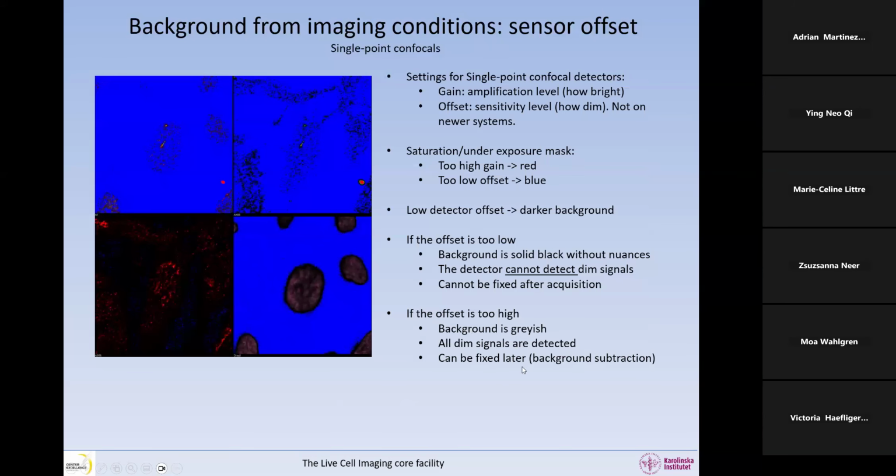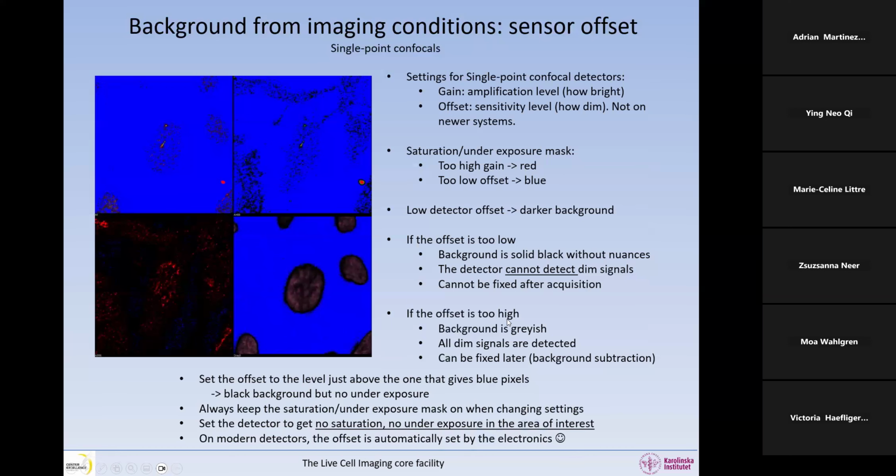And that can be fixed afterwards. You can do some background subtraction afterwards. So it's better to have an offset too high than too low. So set the offset level to just above the level where you get a few of these blue pixels that are color coded, just above that, and that is the good level of offset.